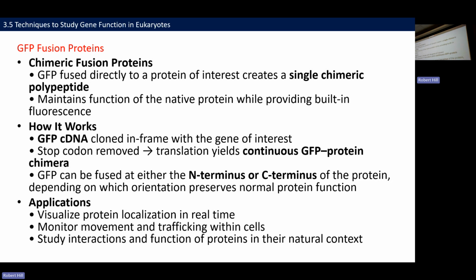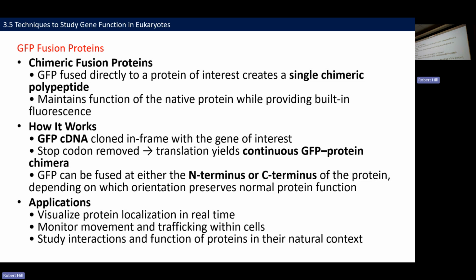It's going to build one mRNA that contains both of these sequences. That's going to become a single protein that contains both of those proteins in it. That's why we call it a chimeric protein. The chimera, that's like an old mythological creature that had two different heads or something like that. So chimeric fusion proteins can be produced.